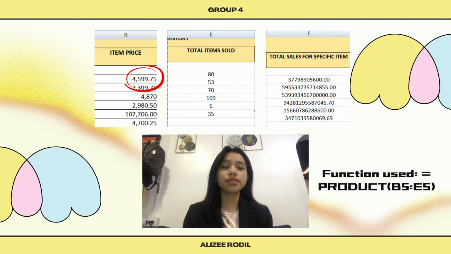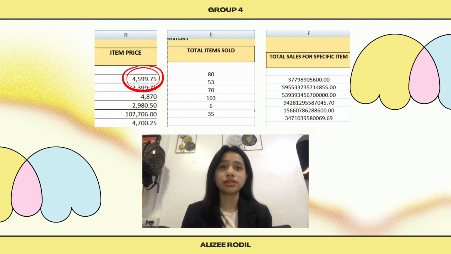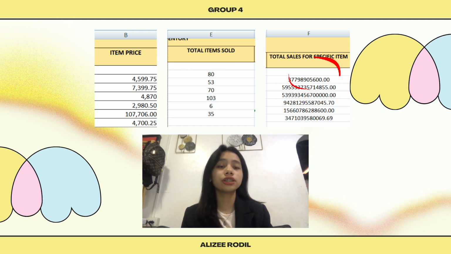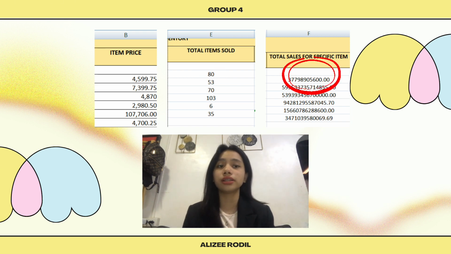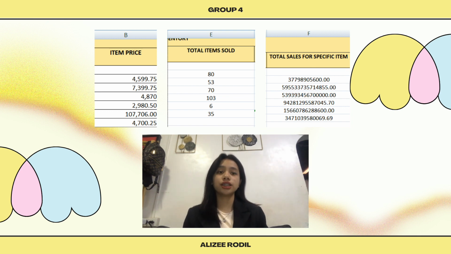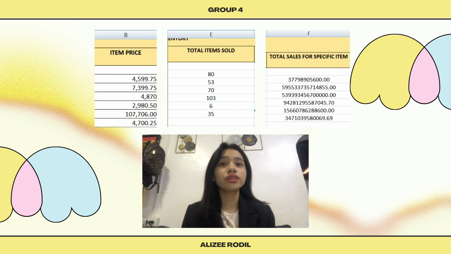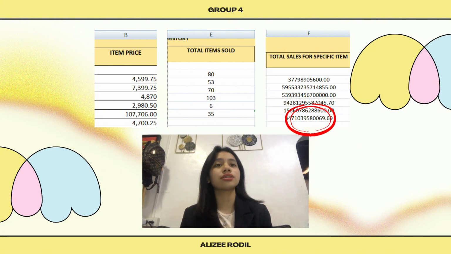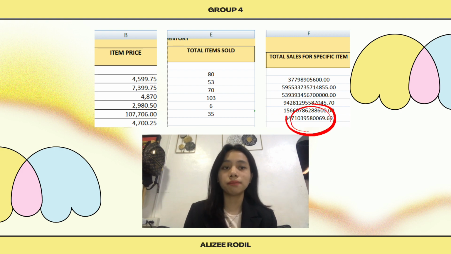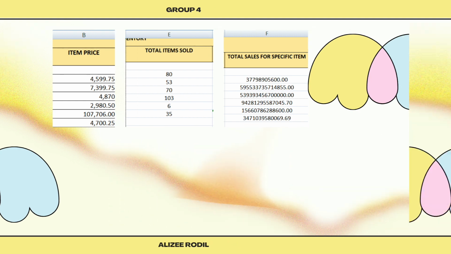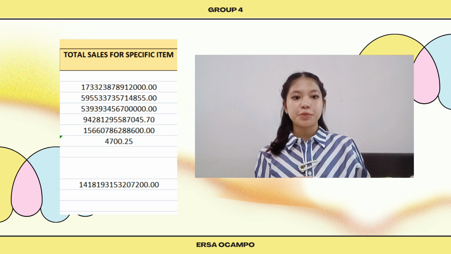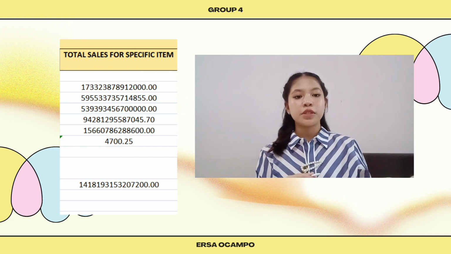The Versace bag costs 4,599.75 pesos times 80 items sold is equal to 367,980 pesos. And for the D&G shirt, it is 4,700.25 pesos times 35 is equal to 164,508.75 pesos. And the overall total of sales per specific item will be.